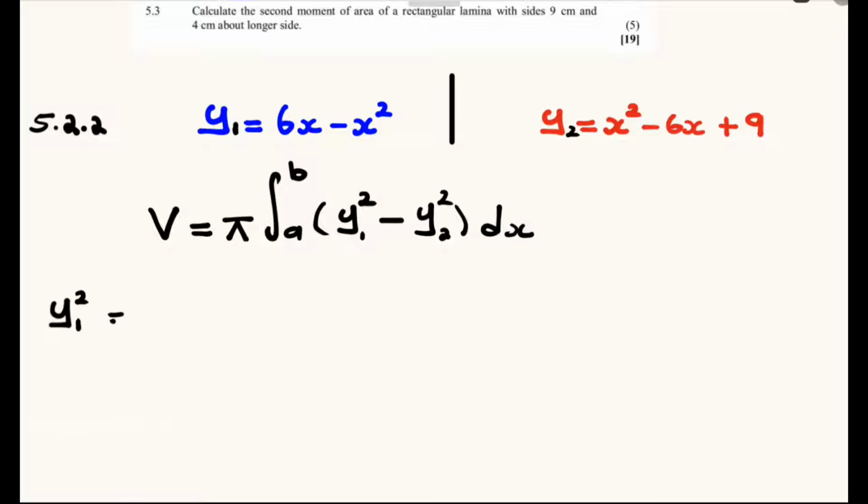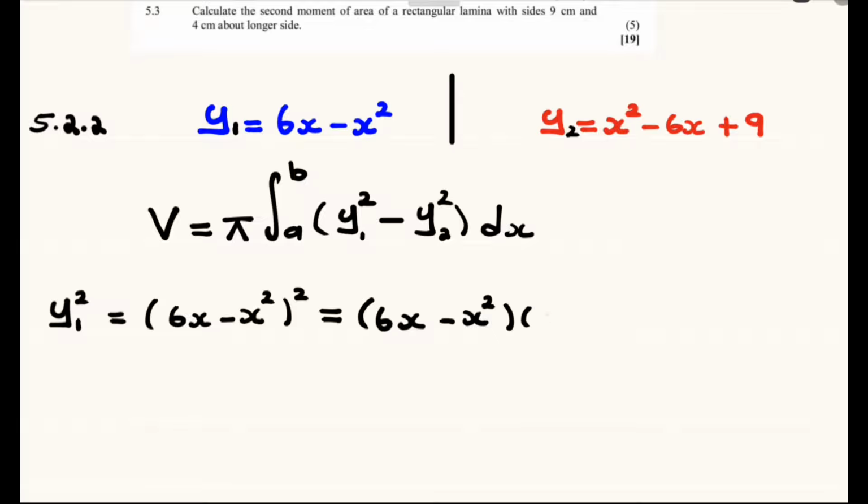So y1 squared will be equal to 6x minus x squared, squared, and this will be equal to 6x minus x squared multiplied by 6x minus x squared.